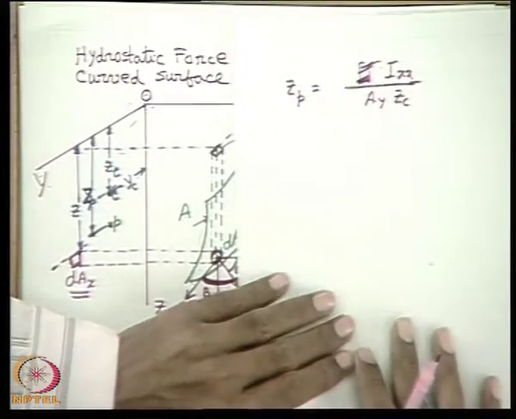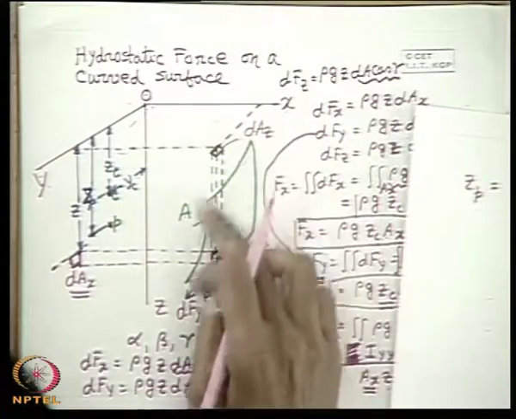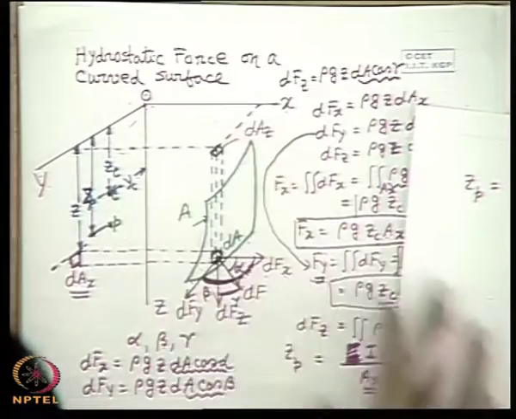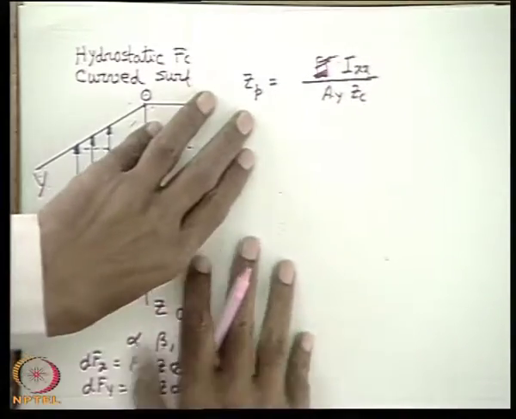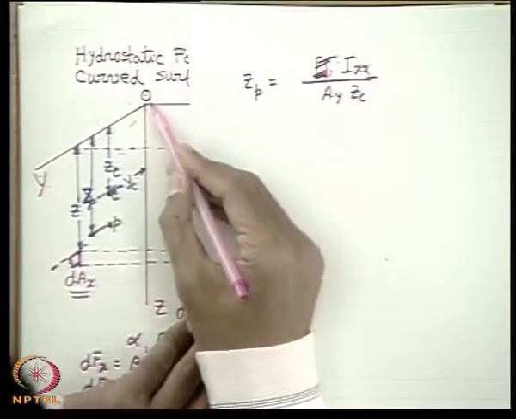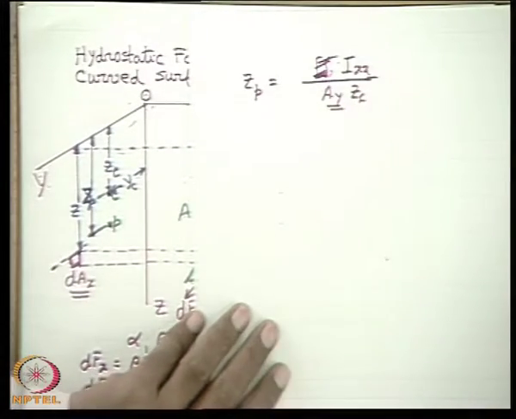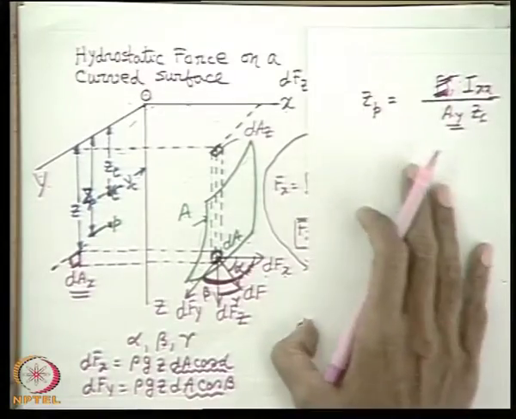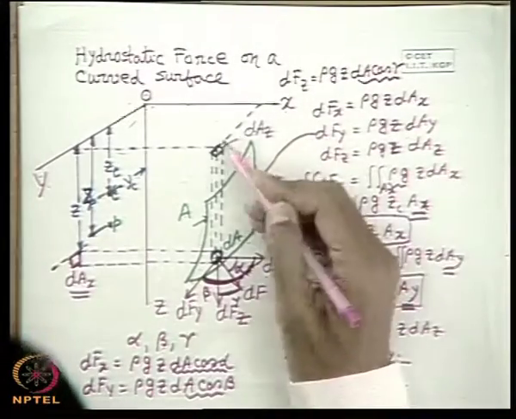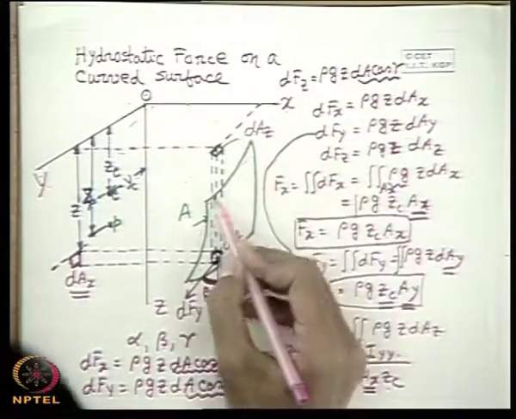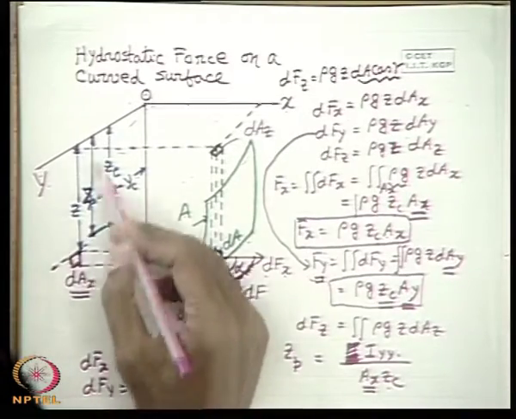Here Ay is the projected area of this surface on the xz plane, and Ixx is its second moment of area about this x axis, divided by the area itself, times Zc.